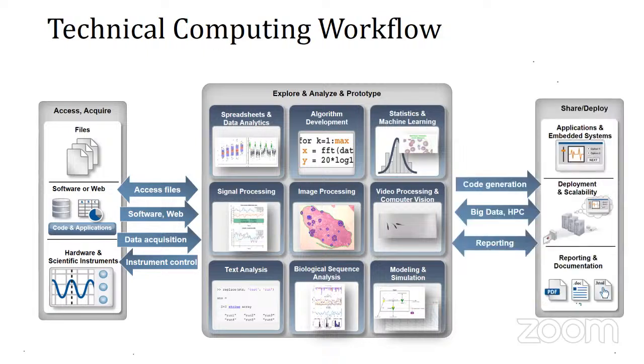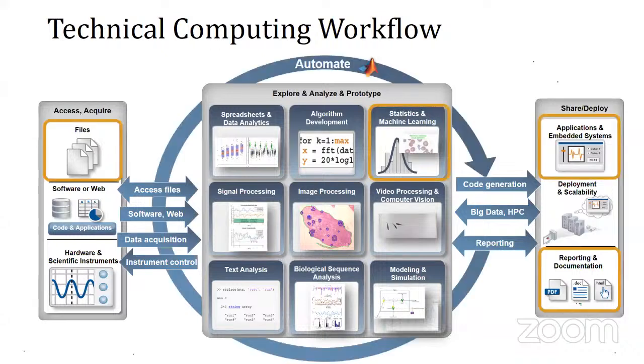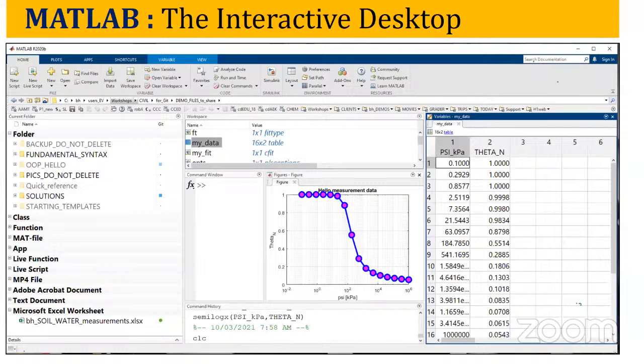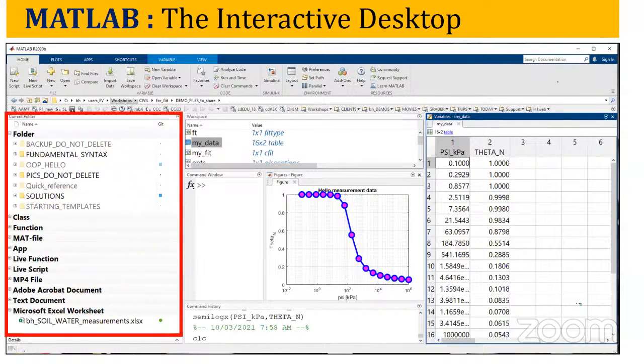After that you can deploy your code, it may be C++ code or VHDL code, into the embedded system. Also, you can generate the report or the documentation here. So this is basically the technical computing workflow of MATLAB.